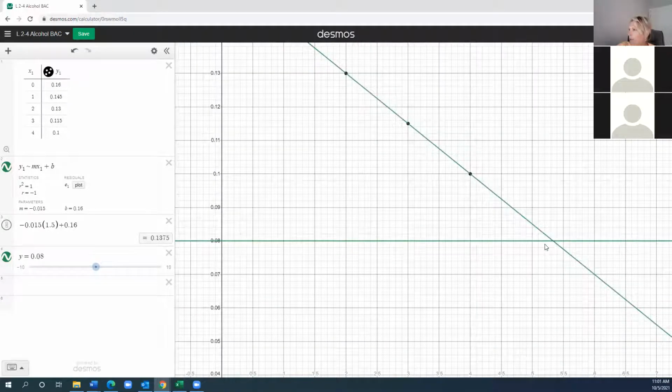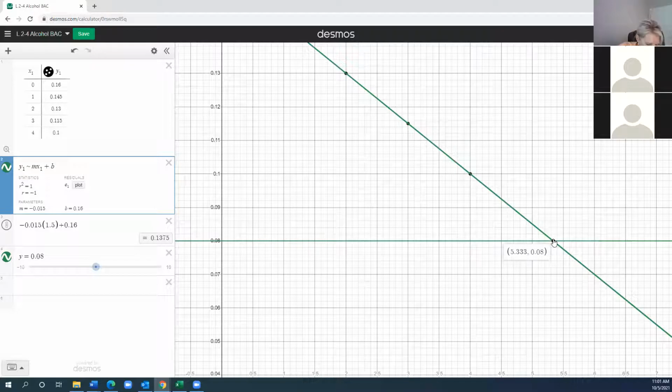And I can click on this intersection point and see that it's about 5.3 hours before he gets to that legal limit. So approximately 5.3 hours.